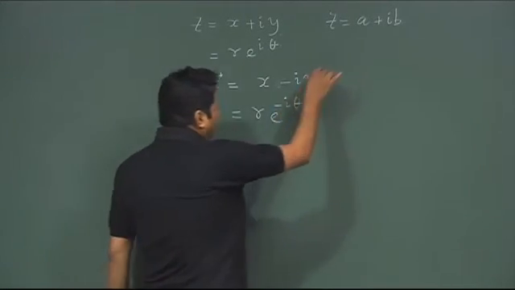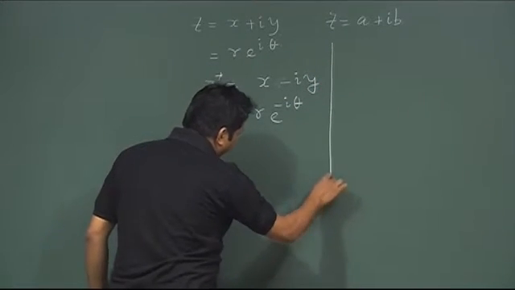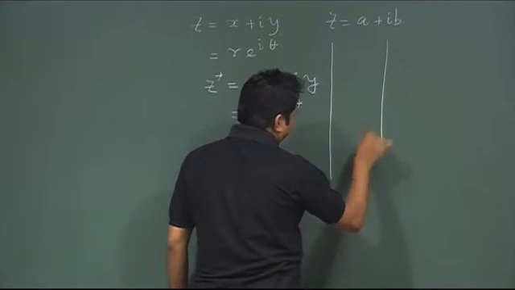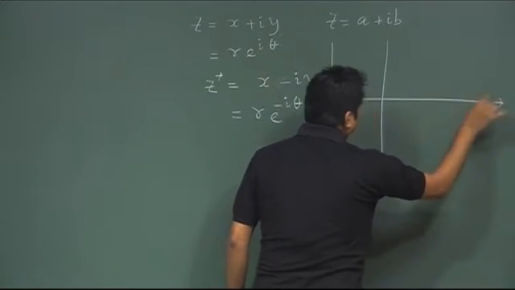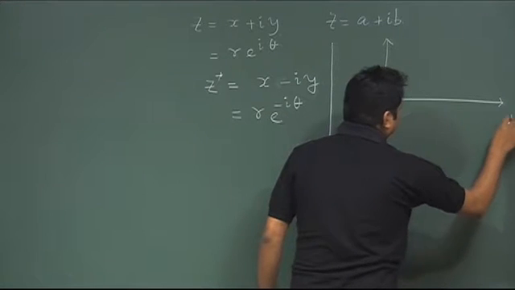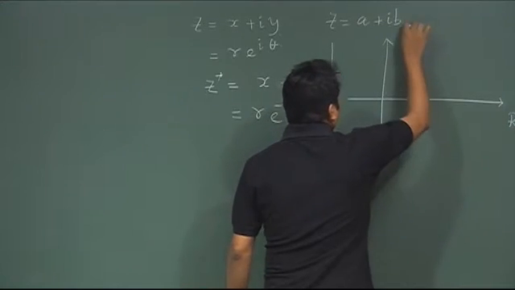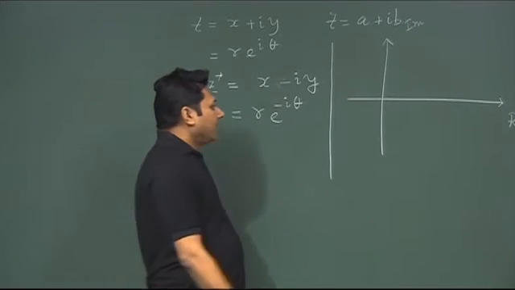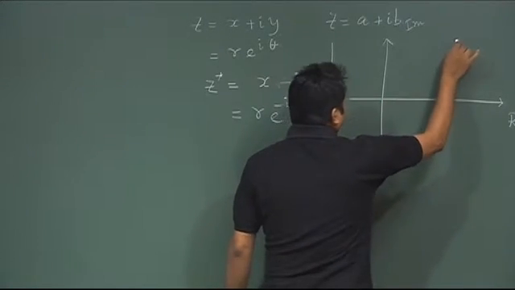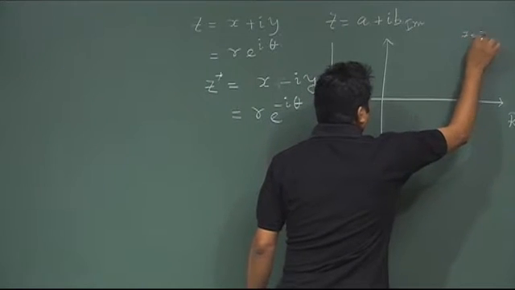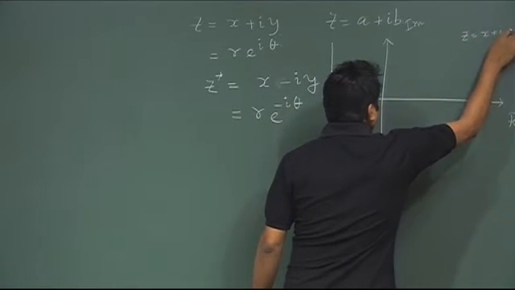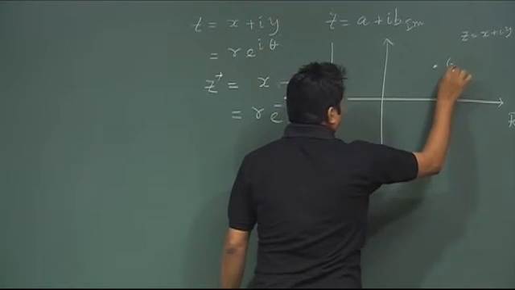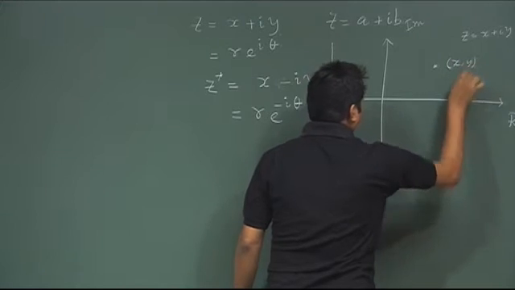Now, if I try to find out geometrically what is happening for this z star, this is say my complex plane, where the real and imaginary axes are represented like this. I have a point z which is x plus i y, which is here somewhere at x, y.